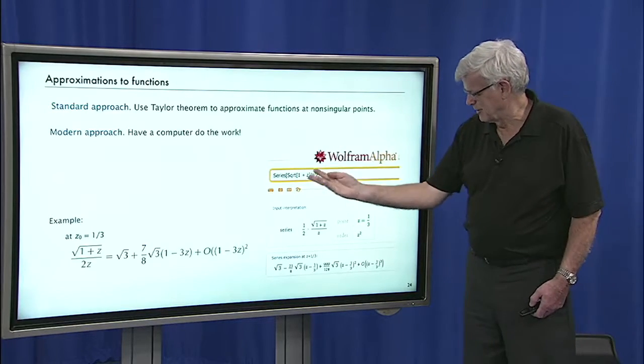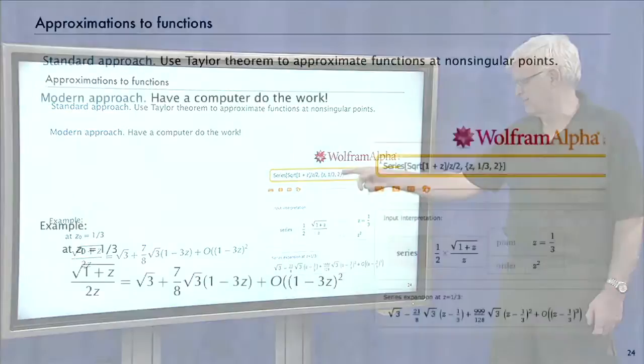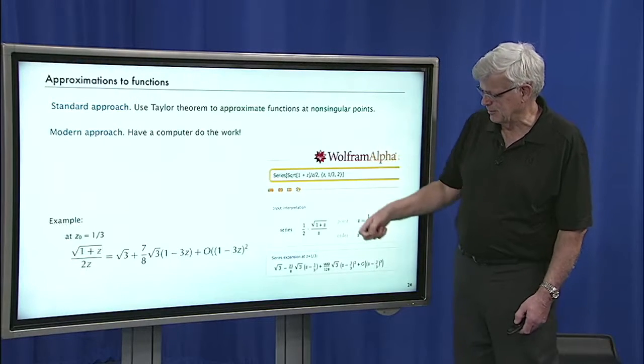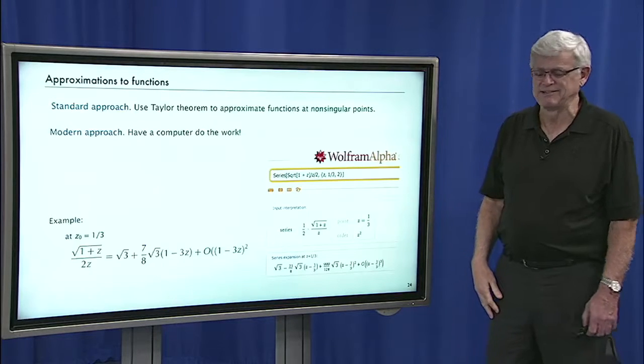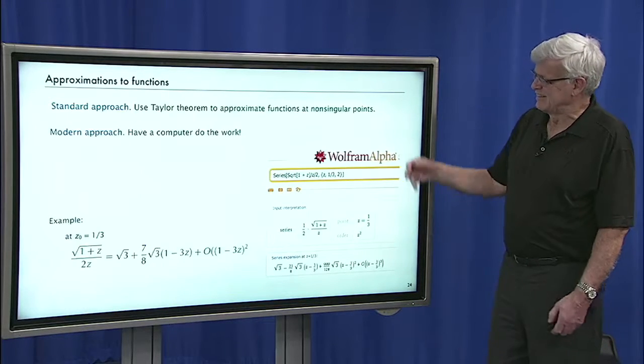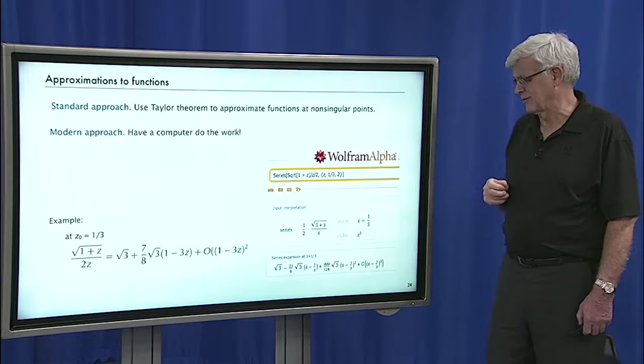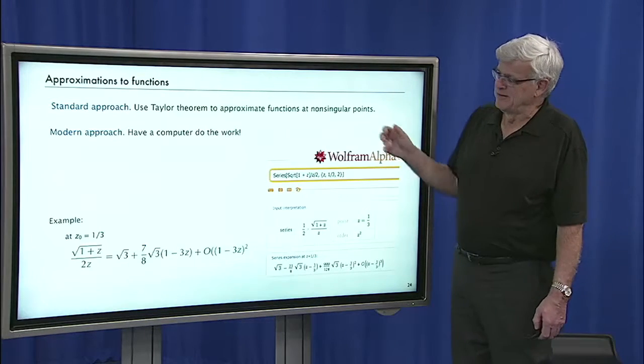I can just put in that function at z = 1/3 and how many terms I want, and it'll tell me exactly the expansion. So I don't have to compute that by hand. People don't compute those things by hand so much anymore. If you need to do it, figure out how to get a computer to do it. It's a much faster way to proceed.